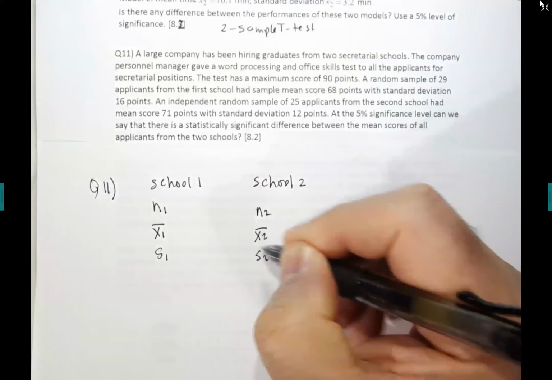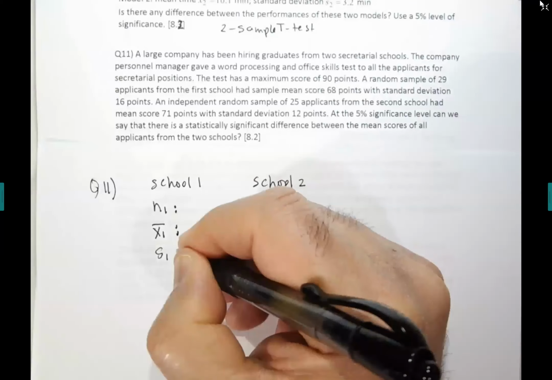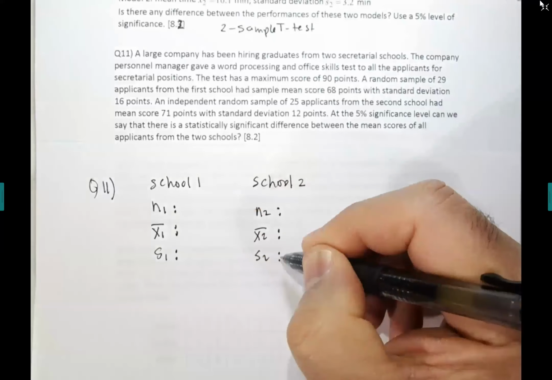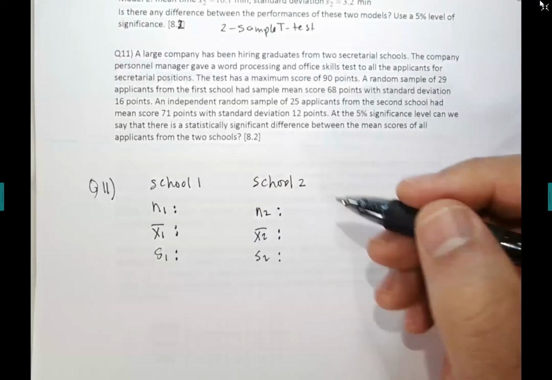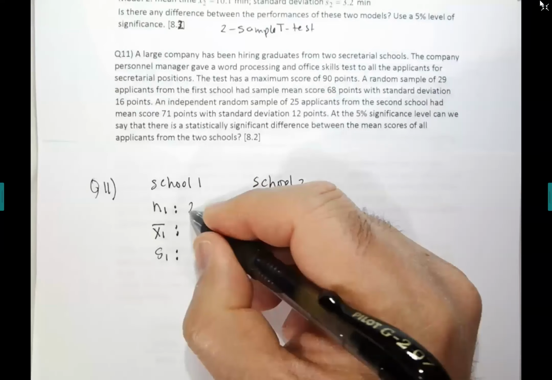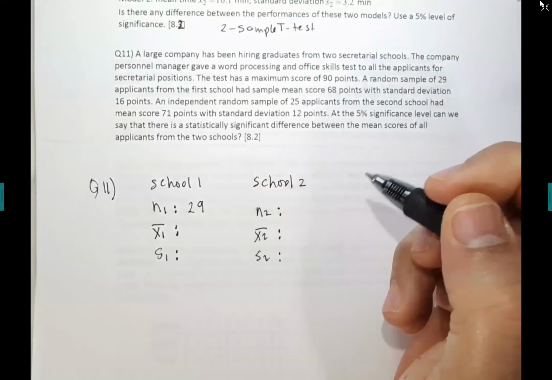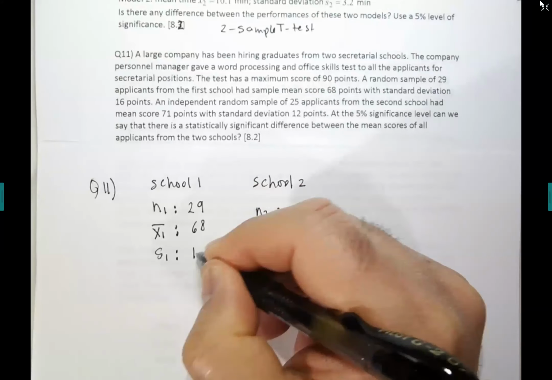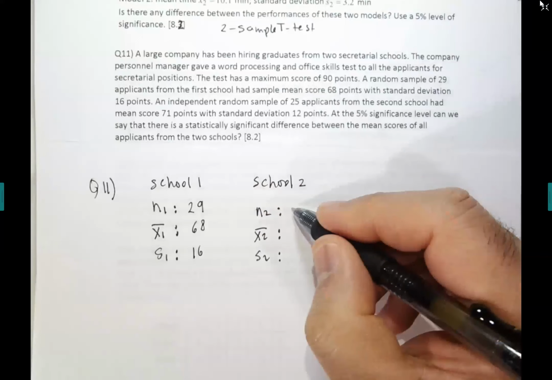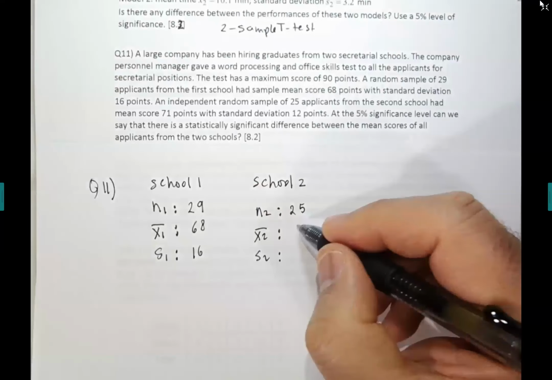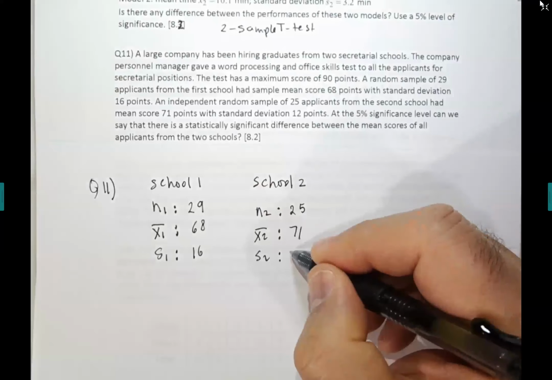It will help you a lot when you organize it like that, so it will be very easy to enter into the calculator. So a random sample of 29 applicants from the first school had a mean score of 68 and standard deviation of 16 points. 25 from school 2 had a mean score of 71 and standard deviation of 12.